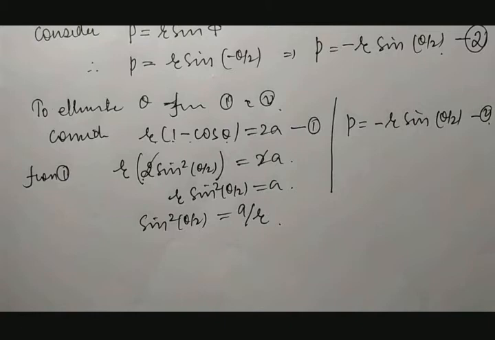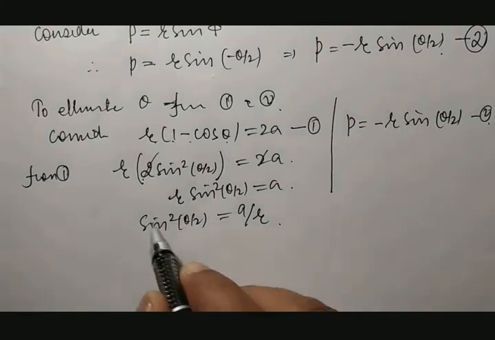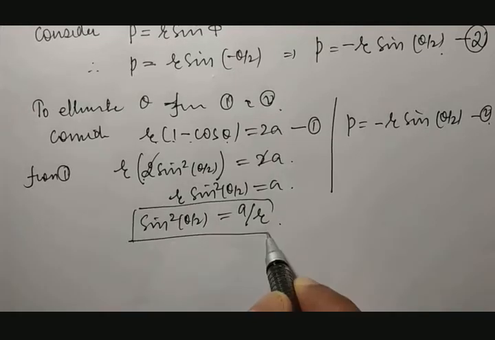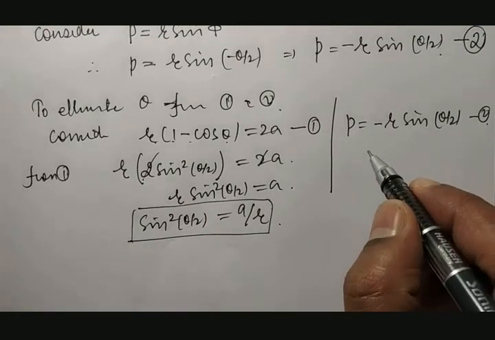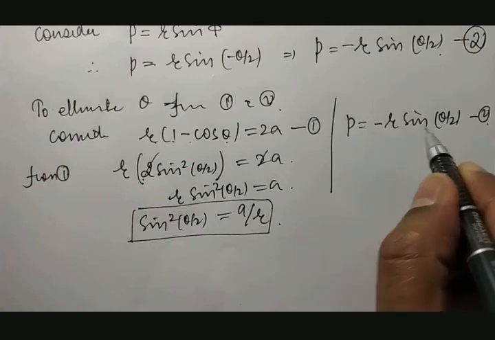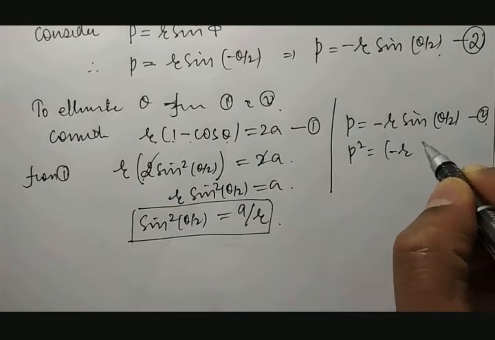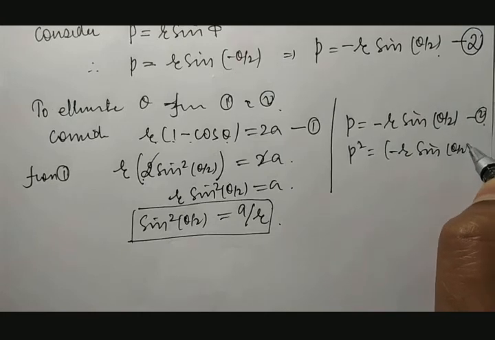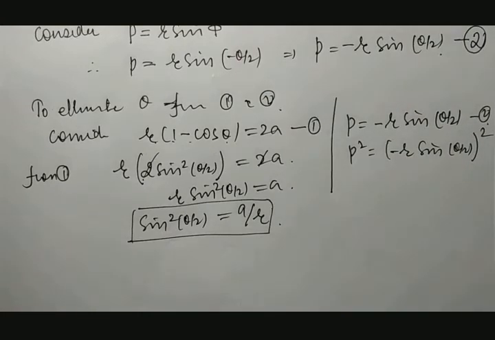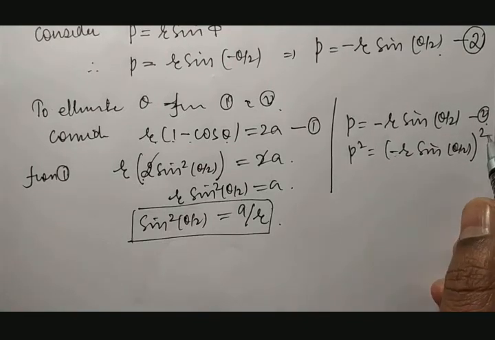Fine. Then here what I do, I'll be taking square on both sides of equation 2. Then it becomes p² = (-r sin(θ/2))². Automatically this minus will become plus because it is under the square.